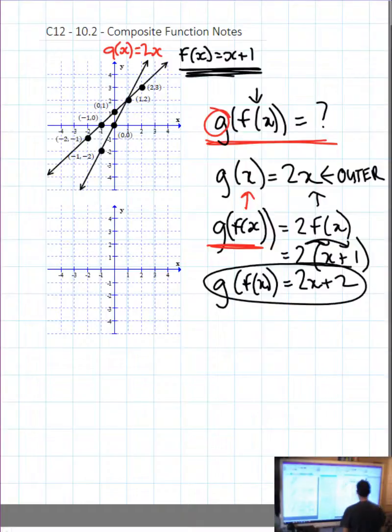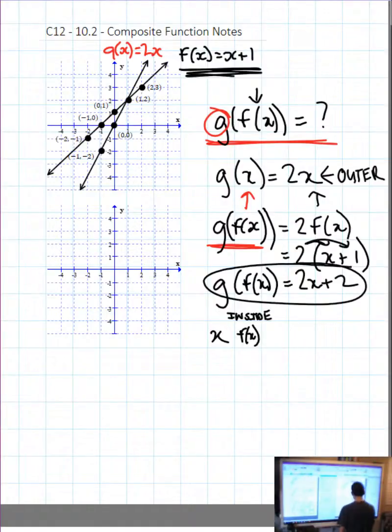So now we could graph g of f of x. But we're going to be doing it a little bit the same as we did last time. We're going to do it by only the graphs and confirm that it's the same after. So we're going to choose an x value. I've done it a little bit differently in my notes. We're going to say what the inside function is. F of x, the inside.